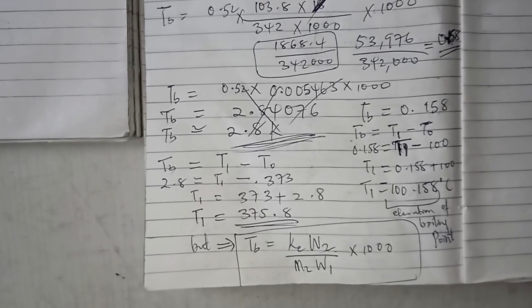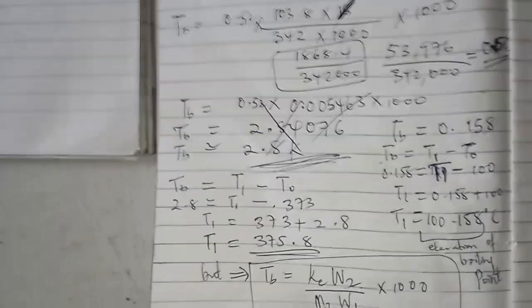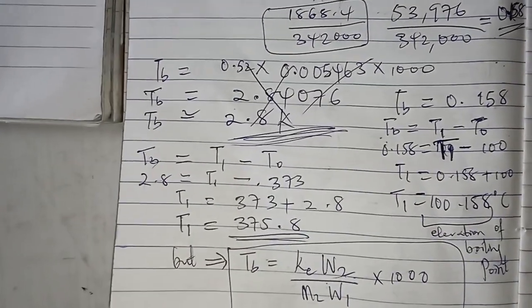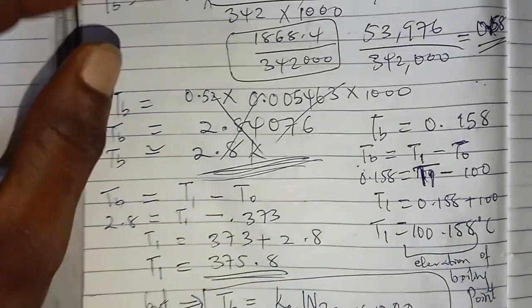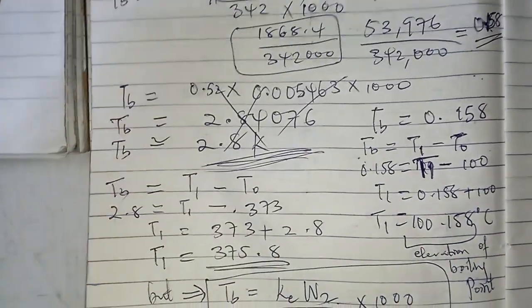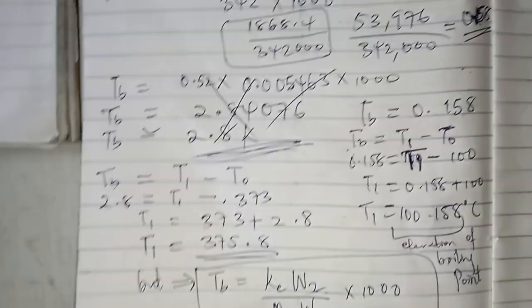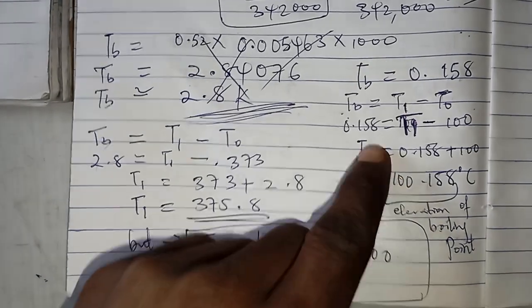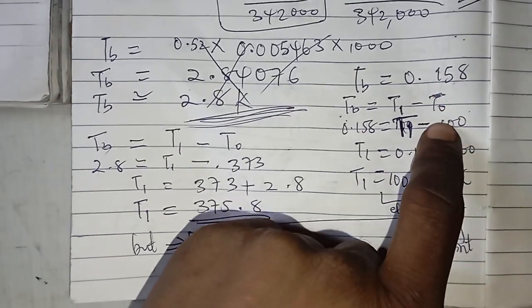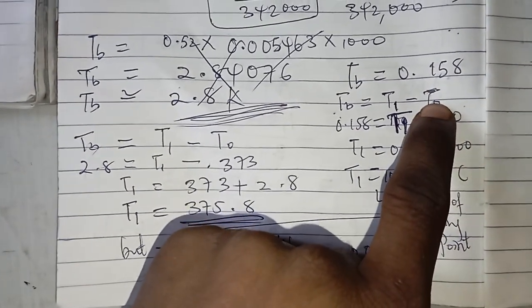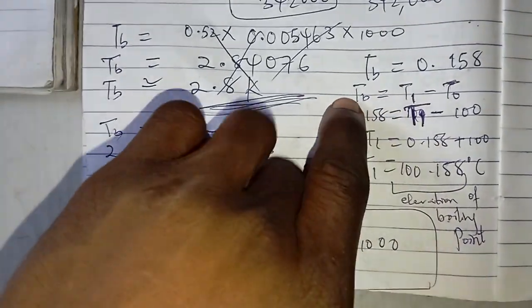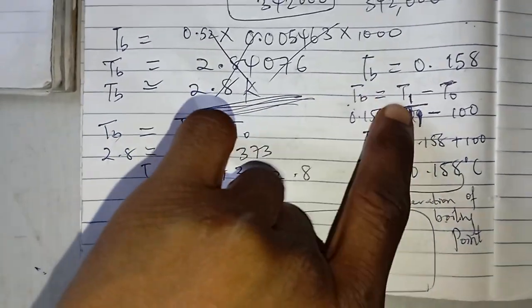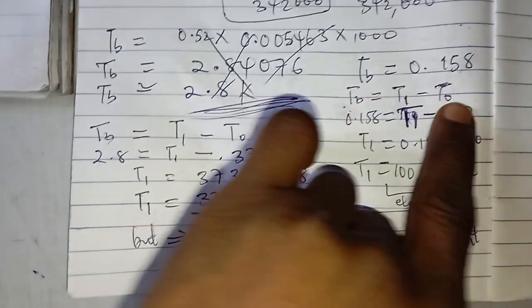So if I know that, remember the reason why we did this. We have the boiling points. That time we did change the boiling points. From the boiling point of the solvent and that of the increase, we say that elevation of boiling points gives us T1 minus T0 to get the difference.